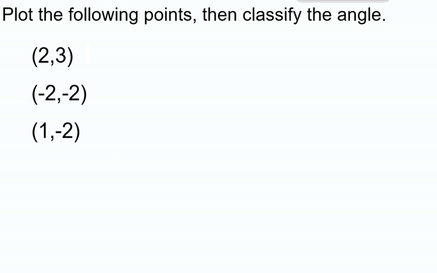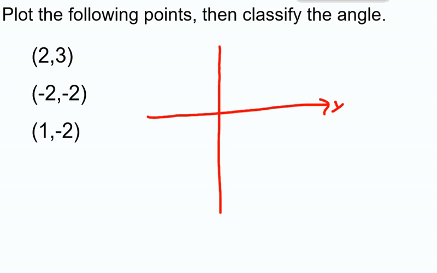Okay, take a moment to make yourself a little X and Y coordinate graph in your notes, and plot the following points and tell me whether the angle created, let's call this point A, let's call this point B, and let's call this point C, is an acute angle, an obtuse angle, a right angle, or a straight angle.